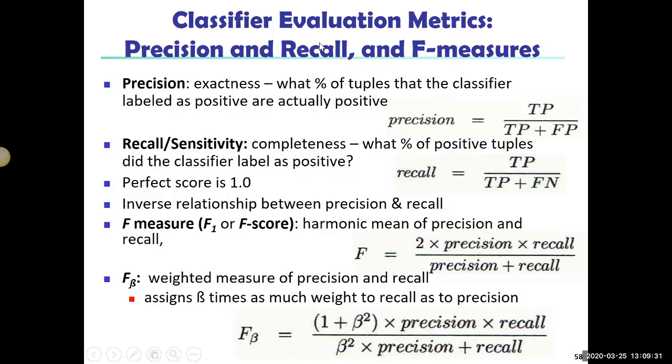That is measured by precision: among everything that's been predicted positive, how many are actually positive? We also care about completeness, recall: among all those positive examples out there, how many have we found? So this is all the real positive things, and how many have been truthfully identified by us.